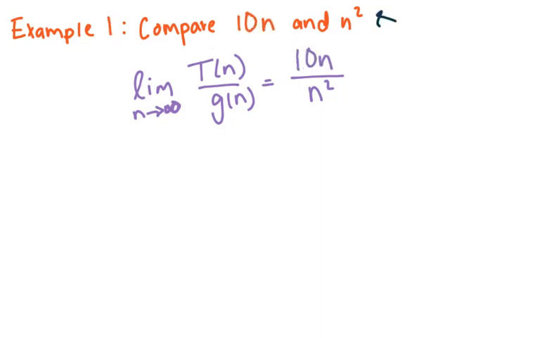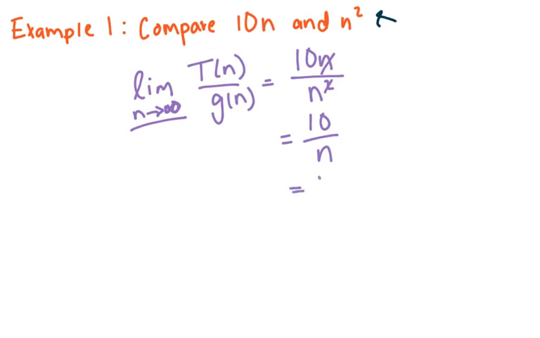The first thing that you should always look at when you're doing these is simplifying. So here I have an n on the top and an n squared on the bottom, so I can cancel, and this will become 10 over n. Now I want to apply this limit. Once I can't simplify anymore, I want to apply the limit.